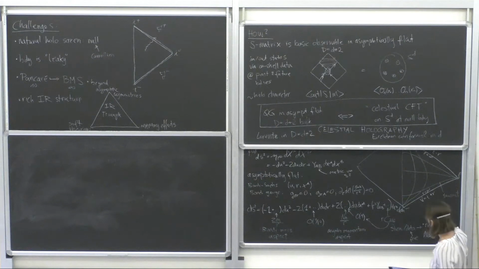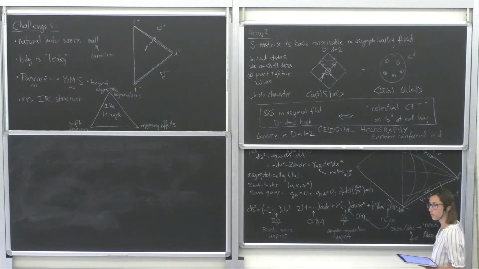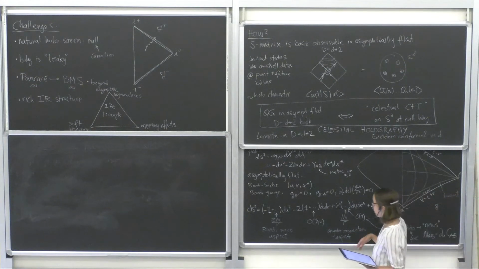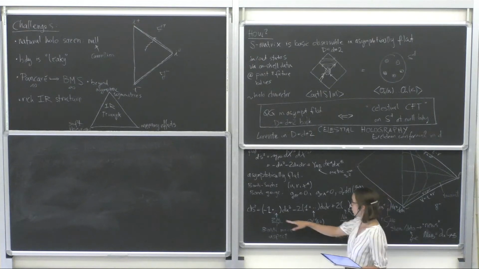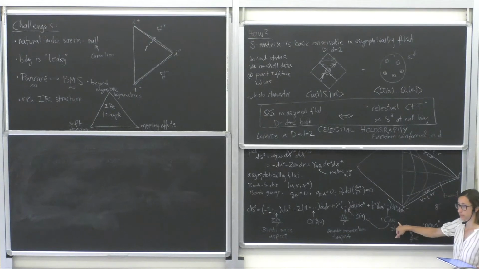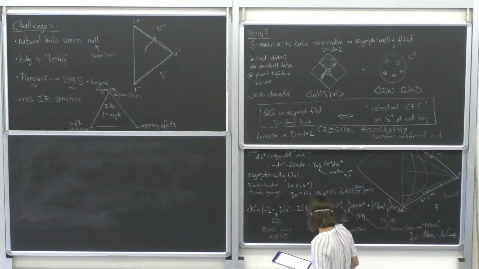Aren't they on the same footing, basically? I don't understand why you call one of them free data and the other not. There's nothing that tells you what this is. This is your input. And from Einstein's equation, you get constraints, and these constraints tell you how the time evolution of these two quantities is related to that free data. Yeah, okay, well, let's discuss it later. Okay.